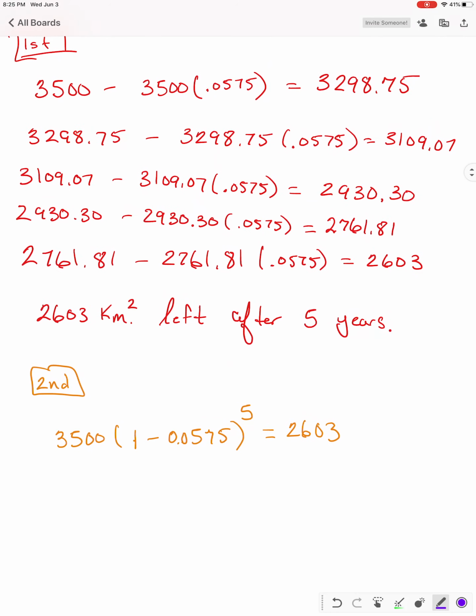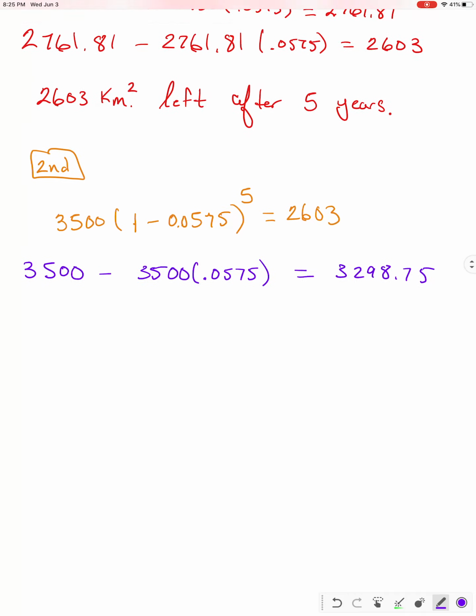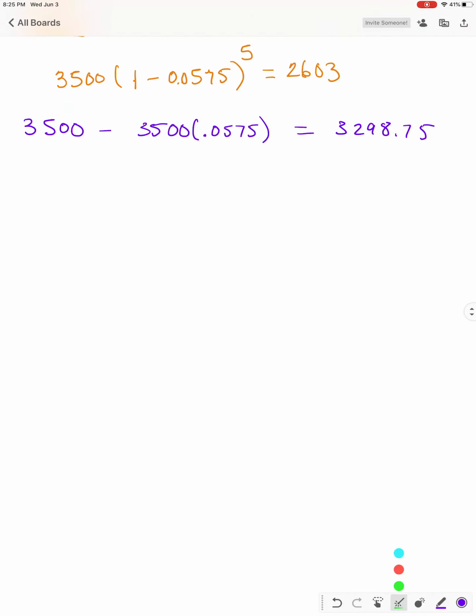So let's look at this top line. 3,500 minus 3,500 times 0.0575, and that was equal to 3,298.75. Okay, so if I factor out 3,500 out of the first two terms, I get 3,500 times 1 minus 0.0575.